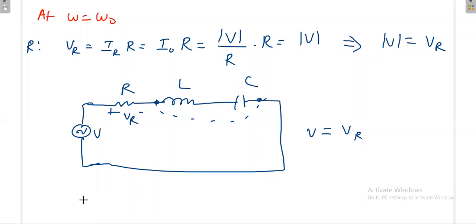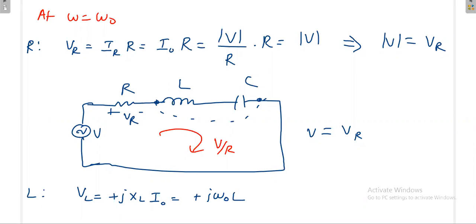At resonance, the current flowing in the circuit is V divided by R. The voltage across the inductor is the impedance offered by the inductor times the current: plus jXL, that is, plus j omega naught L times I naught. I naught is V divided by R, taking the modulus. Omega naught L by R is like Q. So the inductor voltage is plus jQ times mod V.